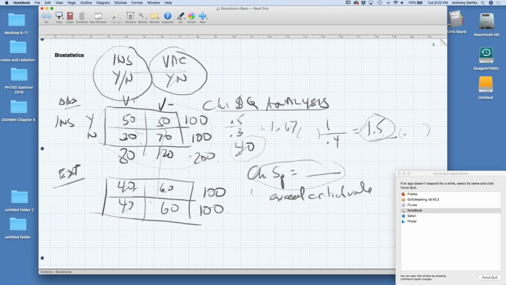So we could reject our null hypothesis that the odds ratio is equal to 1, and say that we accept the alternative hypothesis that the odds are 1.5 times as likely that you would get vaccinated if you're insured. So we can use this to evaluate associations between categorical and categorical variables. So these are important tools.